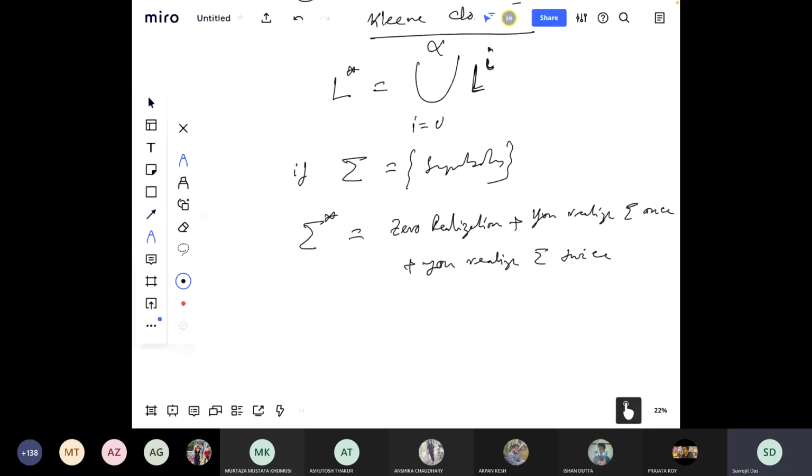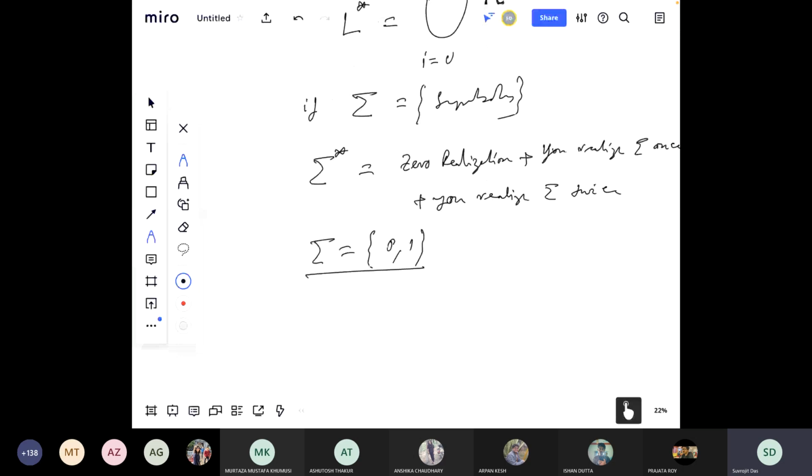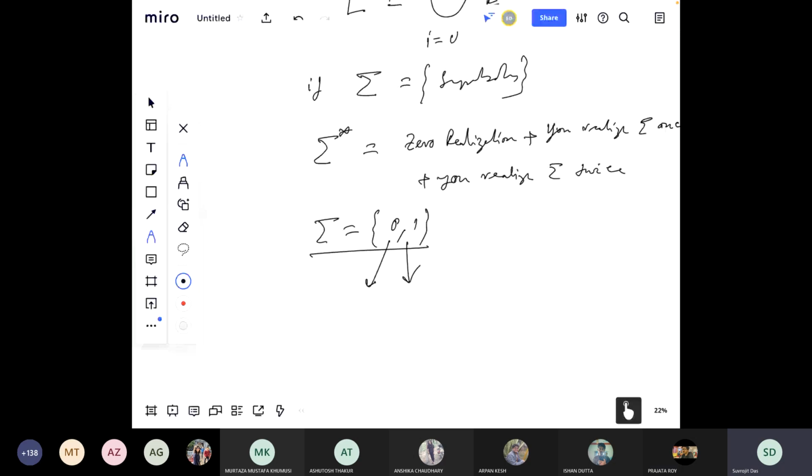Now, if sigma is your binary alphabet 0, 1, realization of sigma once means either you take a 0 out of sigma or you take a 1 out of sigma. So this very alphabet has an algebraic expression too, and that is called 0 plus 1. Either you have a 0 or a 1.